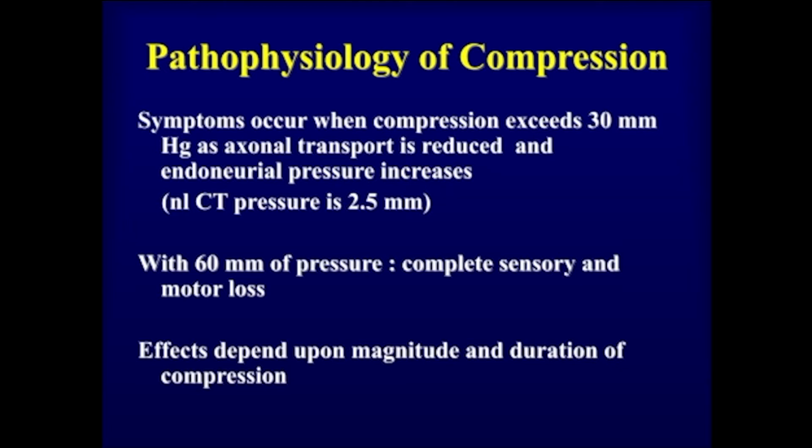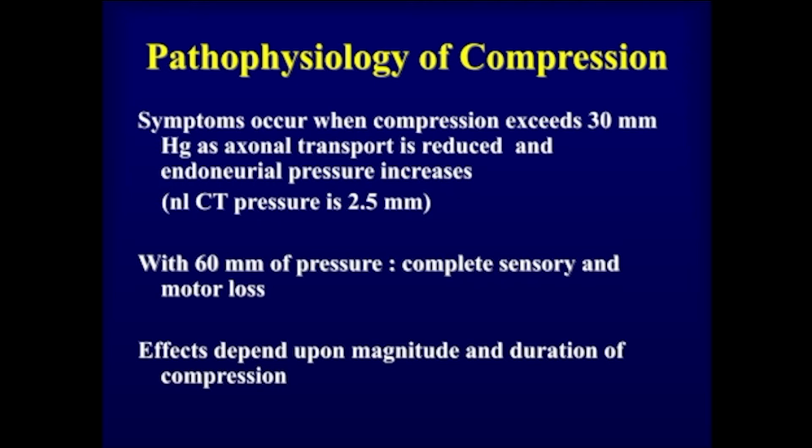Normally, the pressure within the carpal canal is only 2.5 millimeters. With increased pressure, the ability of these nerve fibers to conduct electrical impulses significantly reduces, and experimentally, when the pressure reaches 60 millimeters, there's complete sensory block.